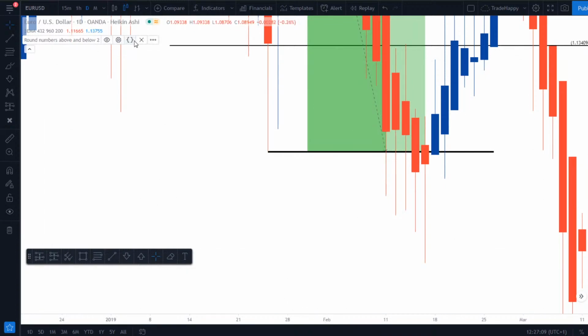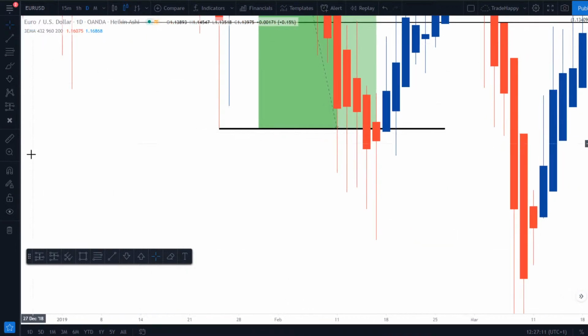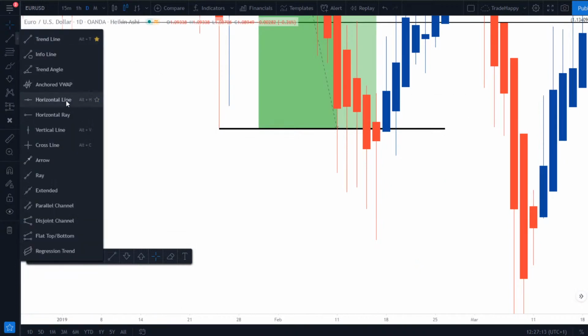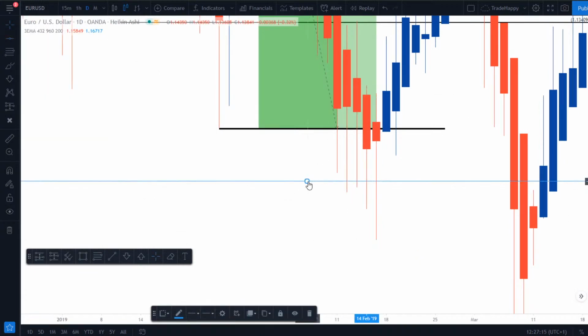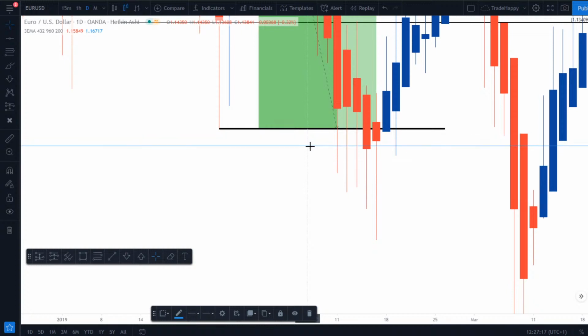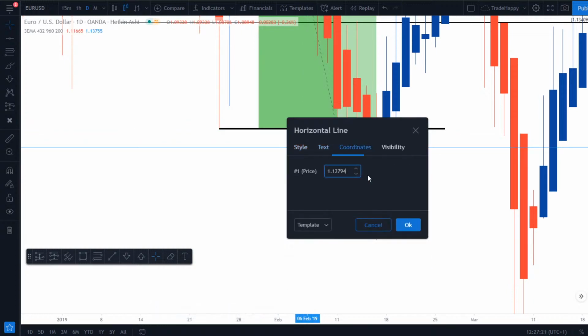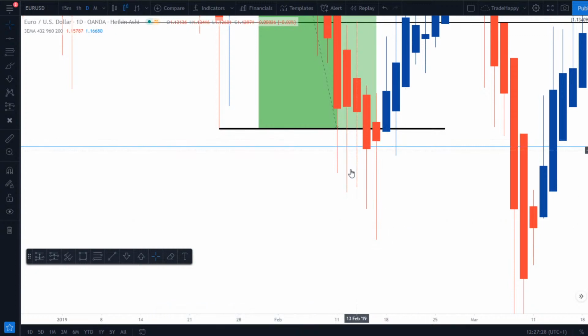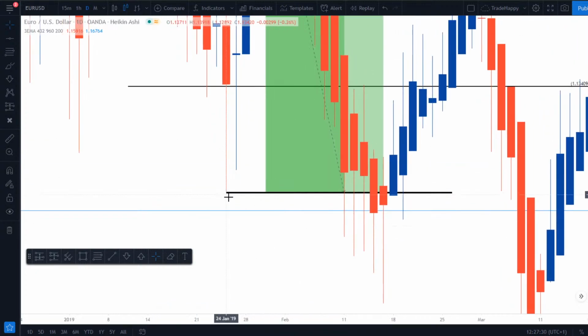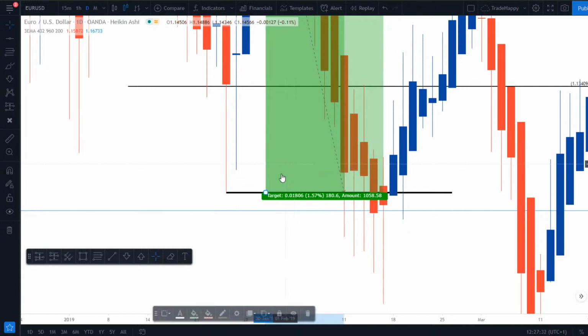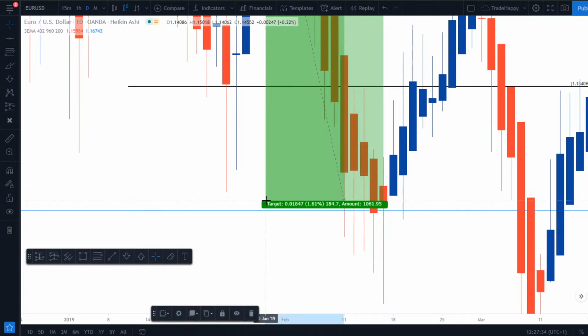Oh, of course you can't see that because it's bloody... Right, let me get a horizontal line. So the closest one to here is the 1800 mark, which is in here. Now, you've got that space here. So I'd move my take profit here.